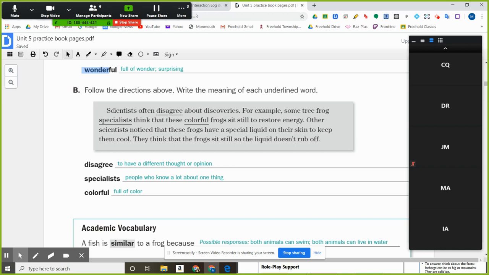Go for it. Good. What does disagree mean? Yeah, right. You don't think the same way as them, right? Perfect. Good.